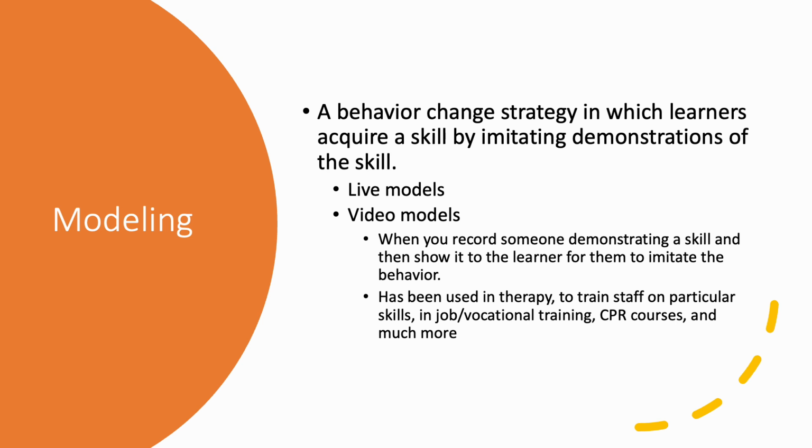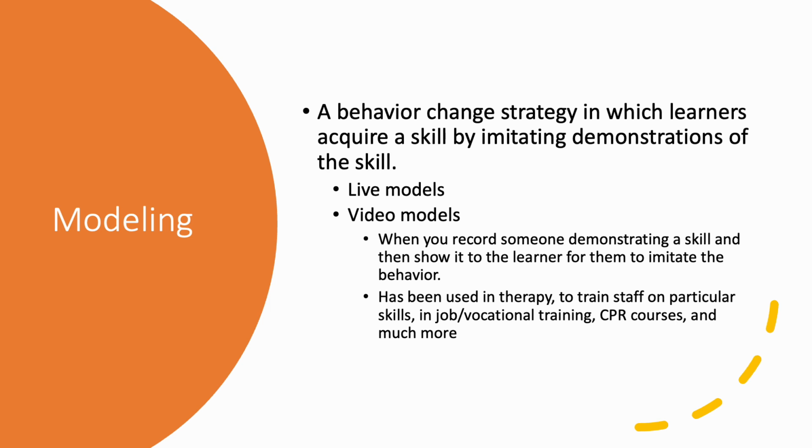So an example of a live model could be if you were, let's say, becoming a cashier at a grocery store. Maybe on your first few days on the job, they might have you observing someone else working at the cash register, okay? And that person will demonstrate basically what it is that you are supposed to do on the job.